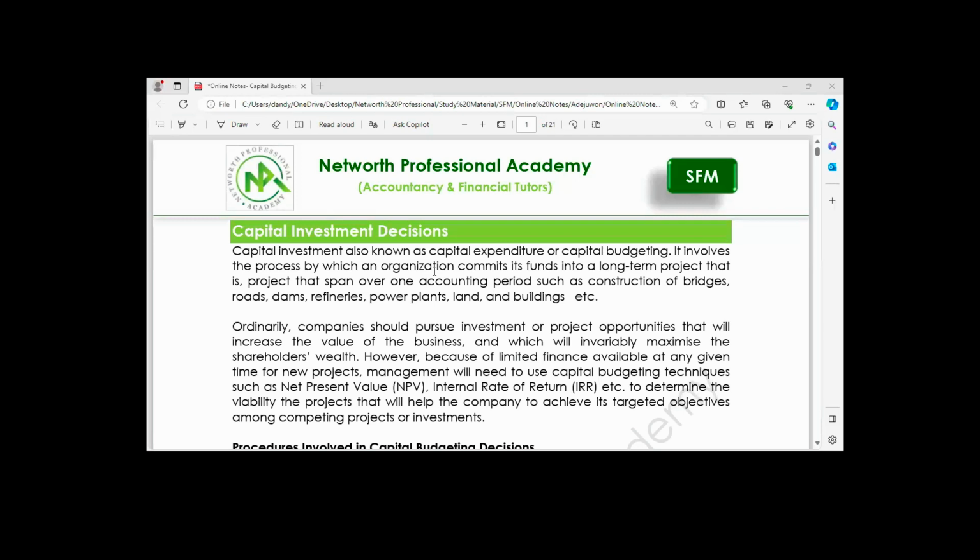Usually, there is a department within an organization that is responsible for scanning the business environment to be able to identify the investable opportunities. Departments such as marketing or research and development are endowed with the responsibility to scan the business environment to identify investment opportunities.